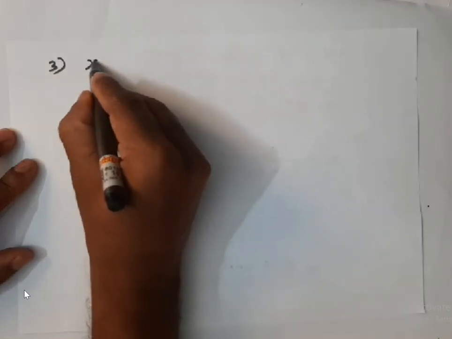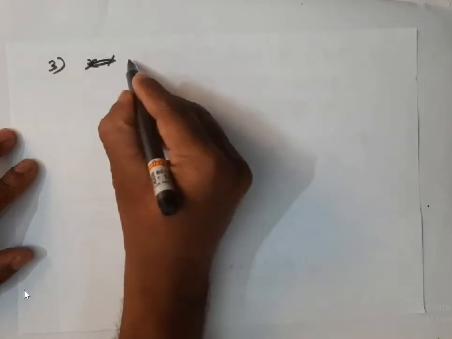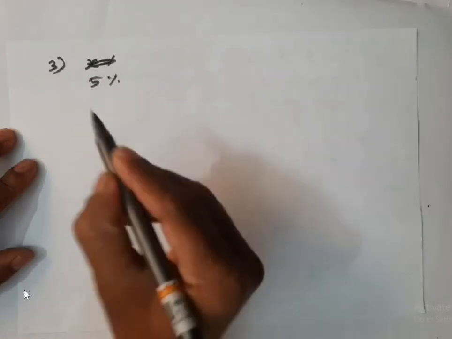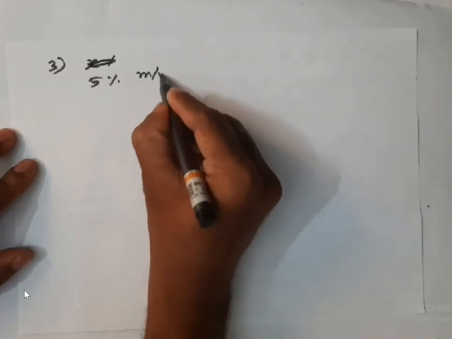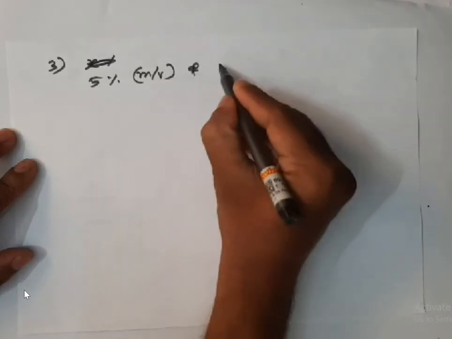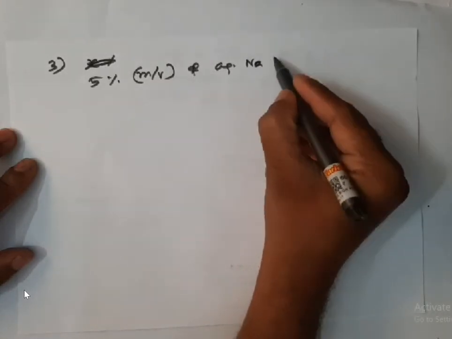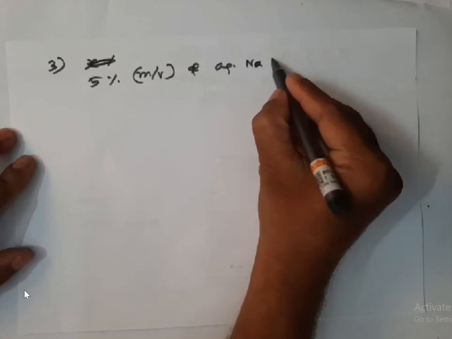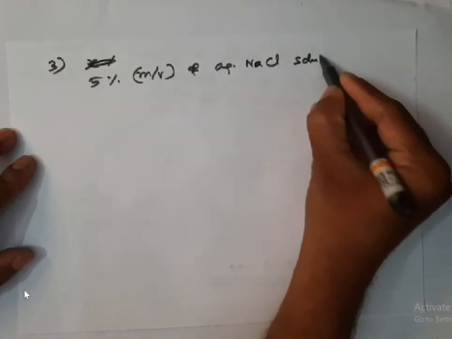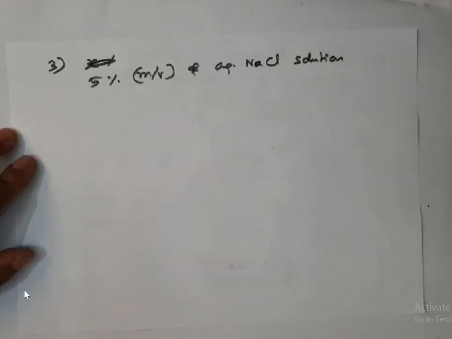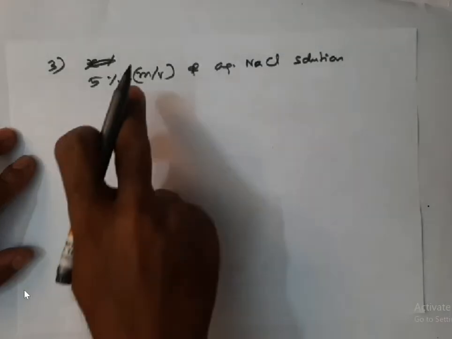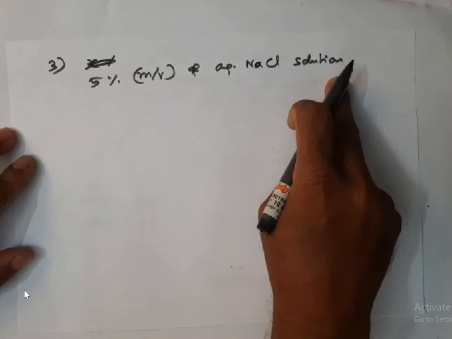Okay, not X percent, I'll give like this. 5% mass by volume of aqueous sodium chloride solution is given.